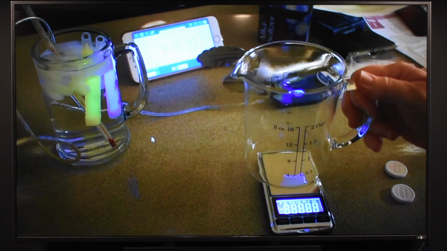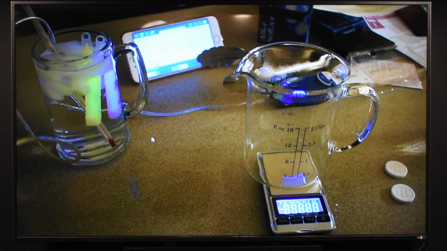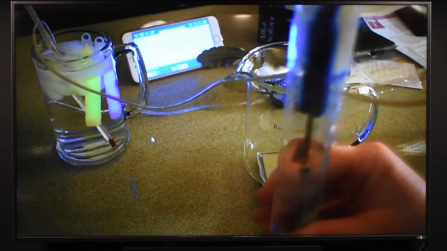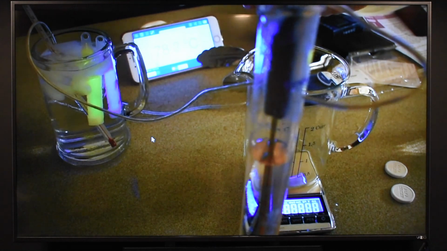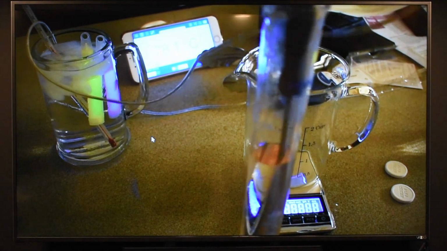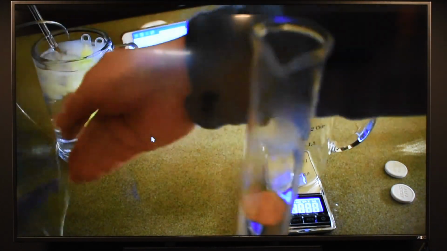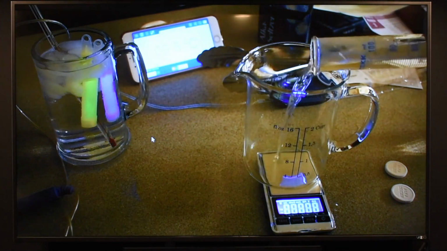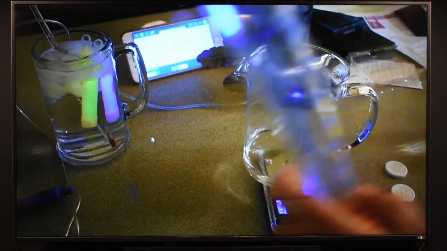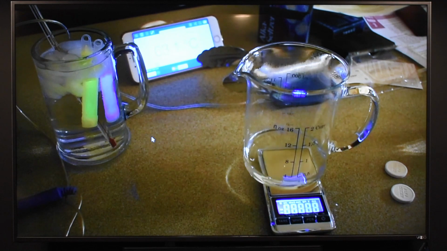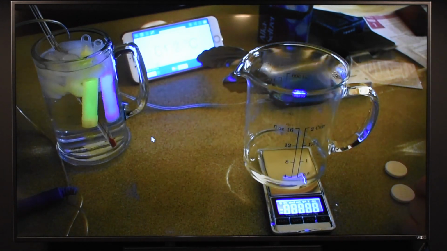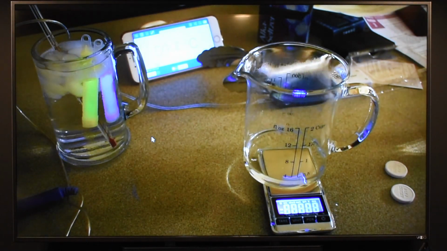Placing an empty beaker on it, and then I am adding 75 mils of water, which is about 78 degrees Celsius. There's 75 mils of water. The beaker was a little bit cooler, so it brought the temperature of the water down a bit.